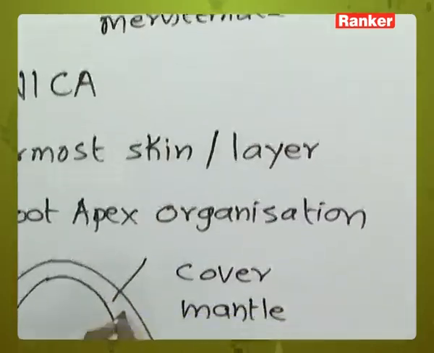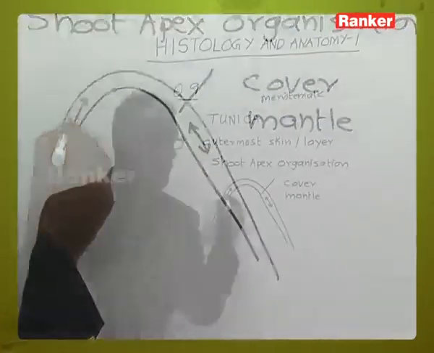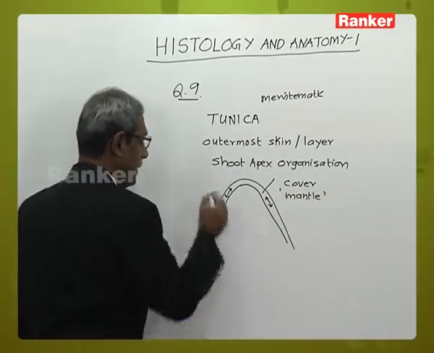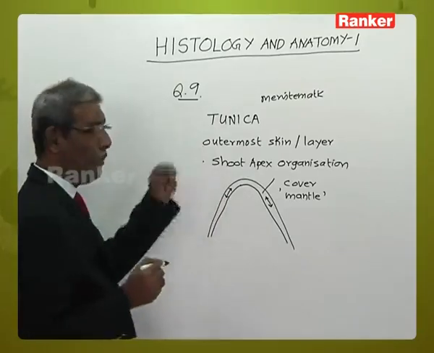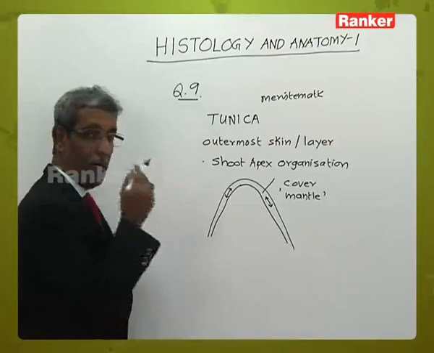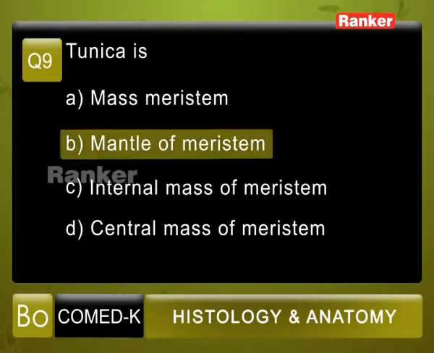That is, they can divide in all planes. So, a mantle cover in the shoot apex, which is outermost, which is meristematic, is termed as tunica. So, tunica is an example of a mantle of meristem. The answer is B.